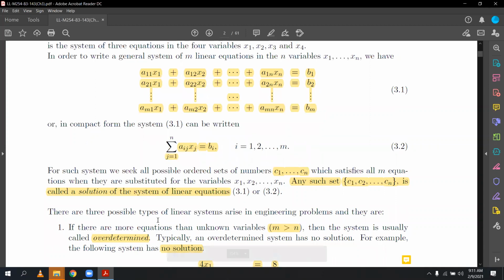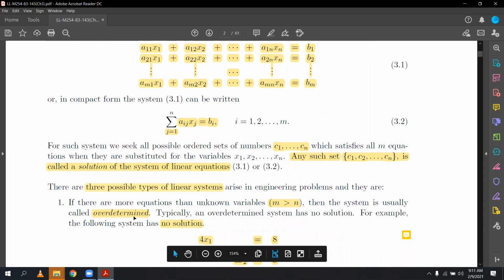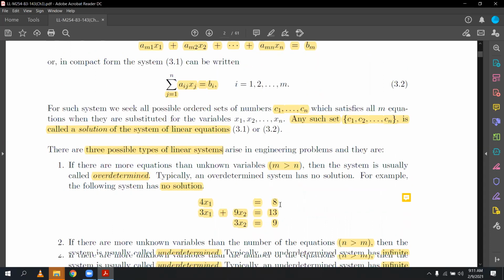Now we have the three possible types, which I discussed with you before. The first type of system is the case when M is greater than N. And the shape of this system is like this one. How many equations do we have? 3.